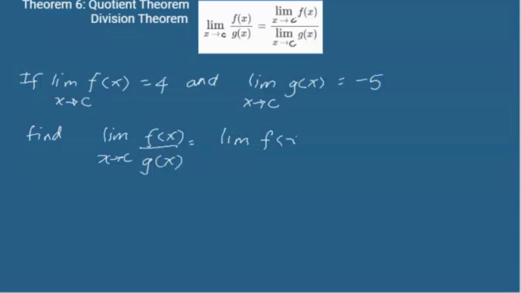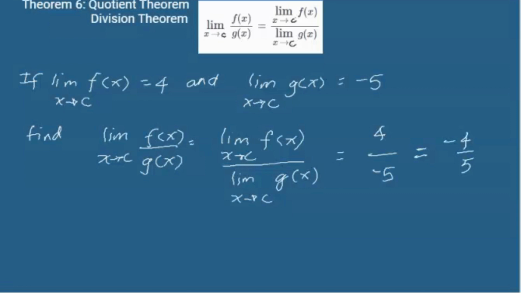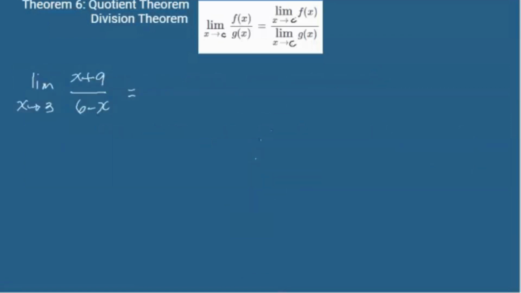So the limit of f of x as x approaches c divided by the limit of g of x as x approaches c. Our f of x is 4 and our g of x is -5. Therefore, the limit of the quotient of these two functions is -4/5.